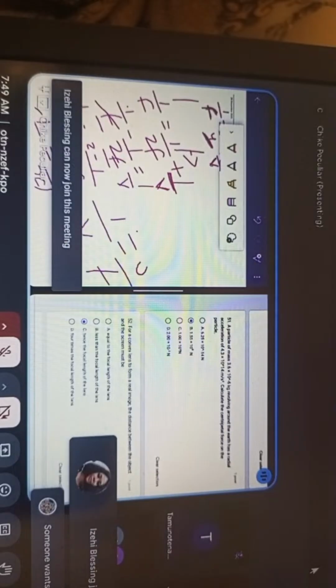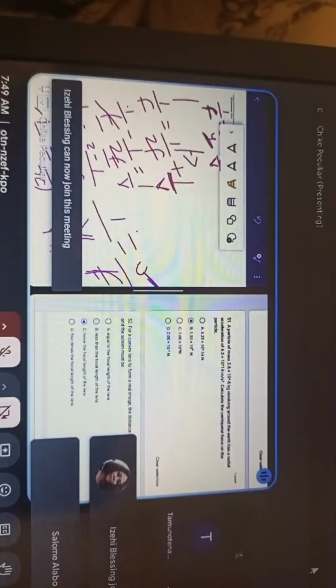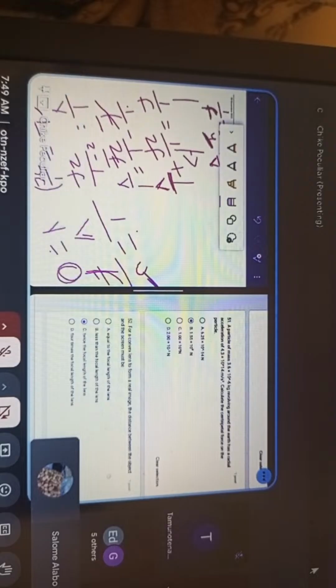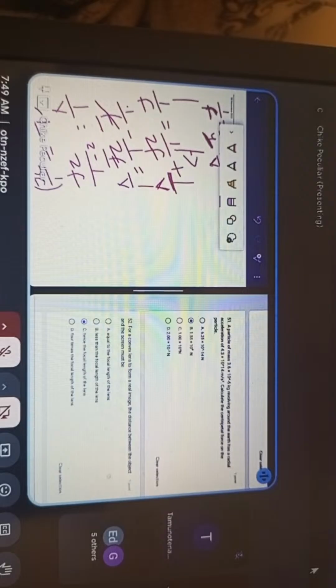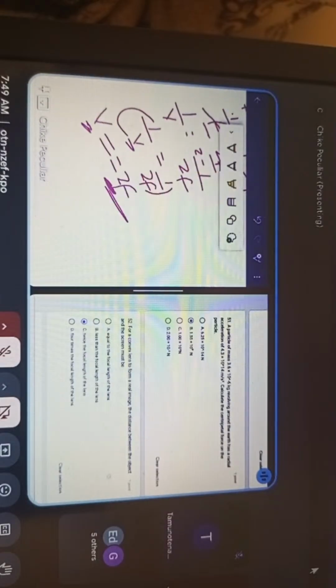And if you inverse it, you have V is equal to F over 0. Anything divided by 0 is undefined. So that means it's not going to form a real image. So for you to at least have an image, it must be twice the focal length. Now, prove it mathematically. You can see that the image brought forth the real answer. Alright.